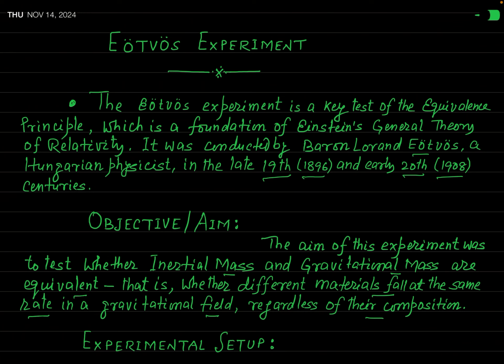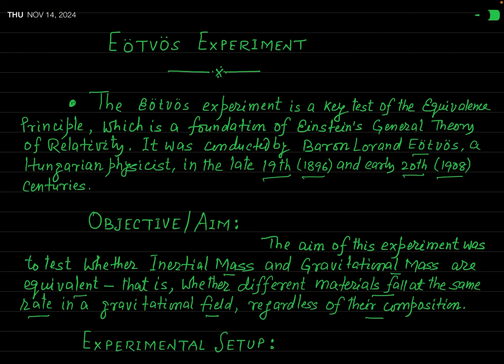So as I have told you, the objective of this experiment was to test the equivalence of inertial mass and gravitational mass. And finally you will learn, after the discussion of this experiment, that the gravitational and the inertial masses are equivalent to one another, or proportional to each other. Or you can also say flatly that the gravitational mass and the inertial mass of a body are equal.